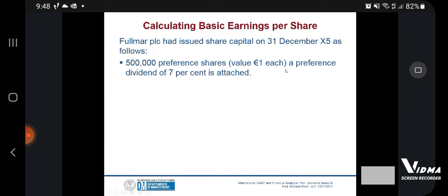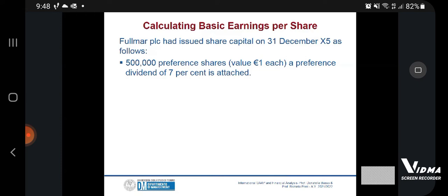500,000 preferred shares, their value is €1 each, and they have attached a preference dividend of 7%. Usually the preferred shares, I think we covered this together in a previous lecture, have some special features. They have priority in dividend distribution.